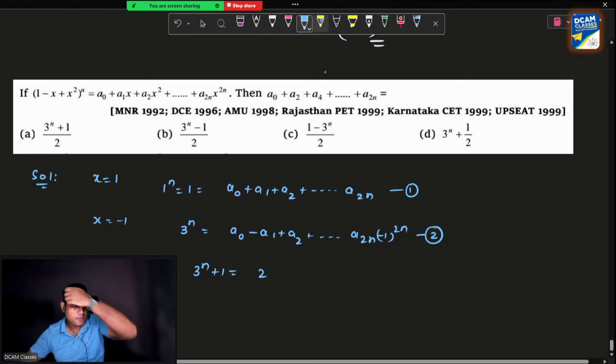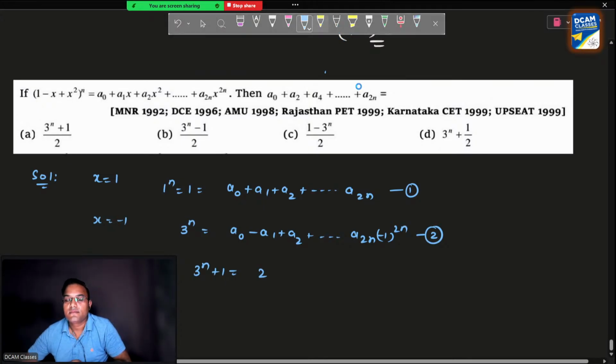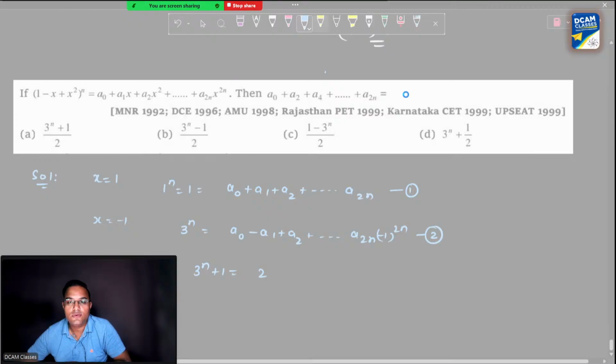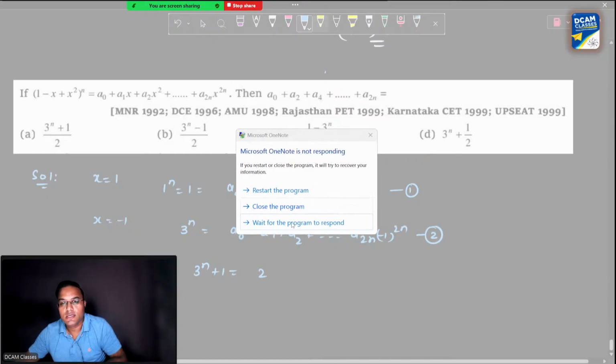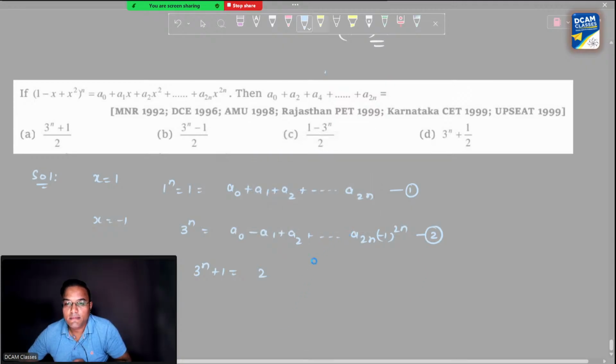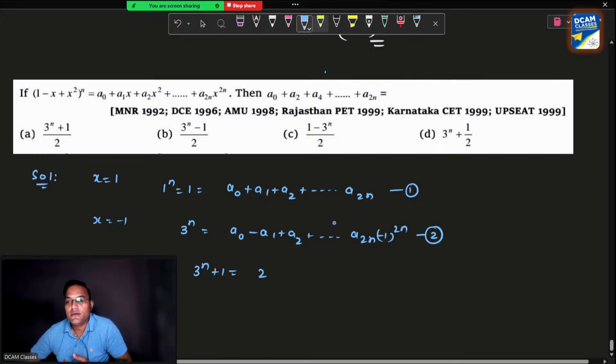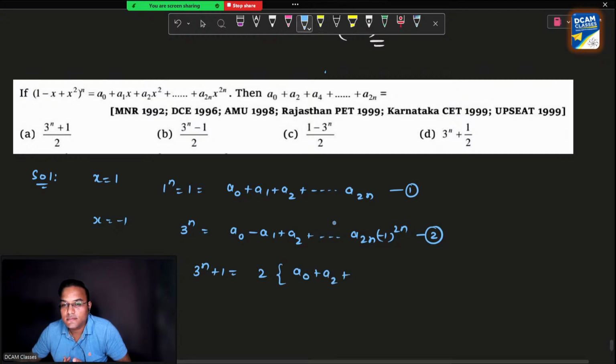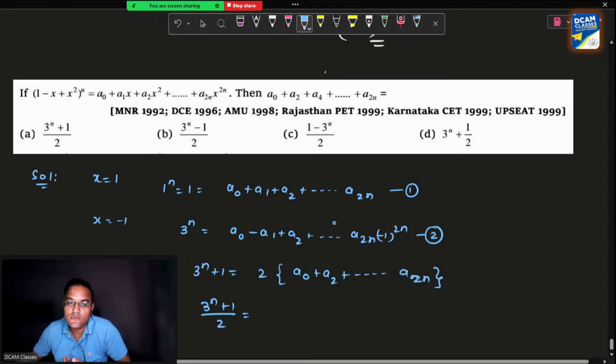Actually, there is one more typical theorem, the multinomial theorem. I don't know whether it's being taught to you because it's an advanced concept. So 3 power n plus 1 by 2 you will get as a0 plus a2 plus a4 and so on up to a2n.